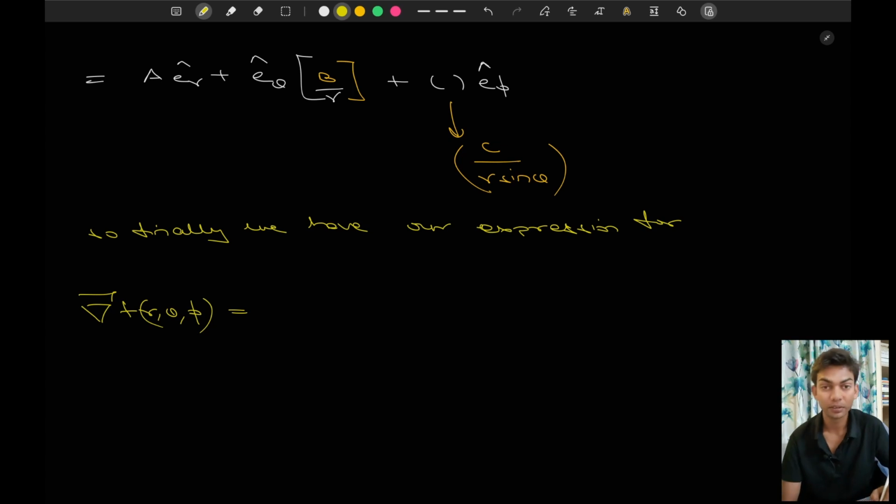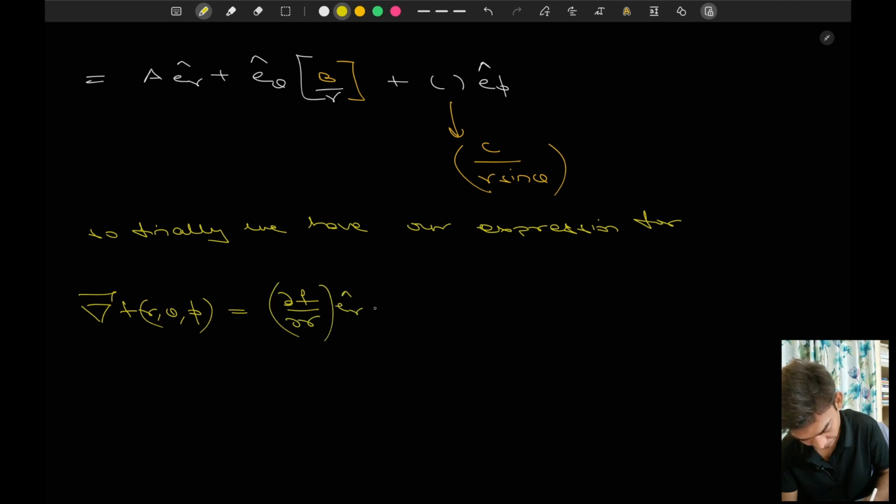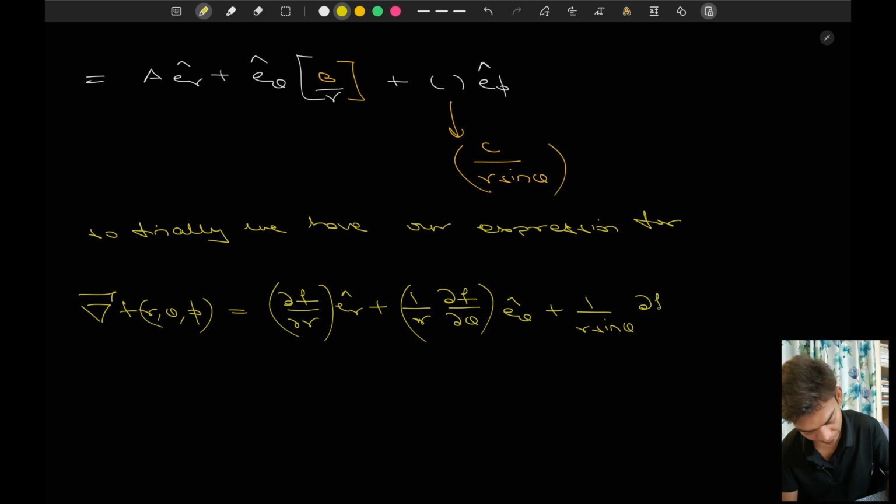So after 3-4 lectures, after doing all the maths and all the manipulations, finally we are at the result. So what is a? A is df by dr er plus b over r, which is nothing but 1 over r df by d theta e theta plus 1 over r sine theta df by d phi e phi, right?